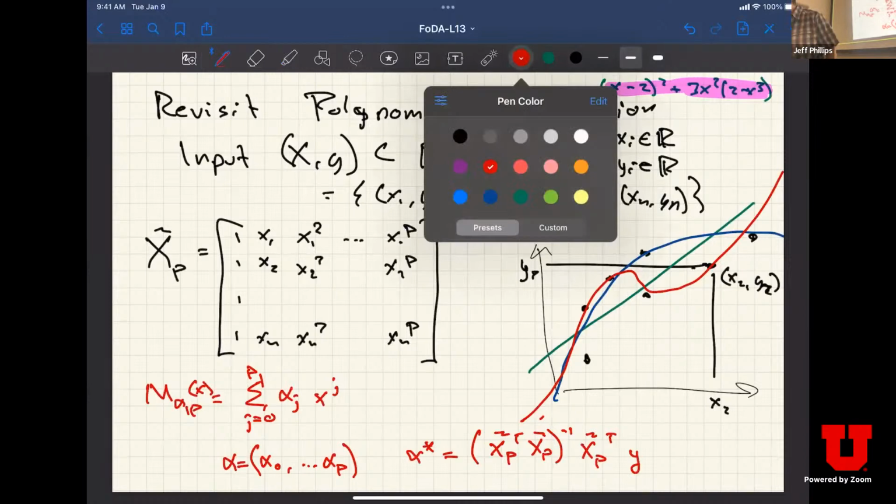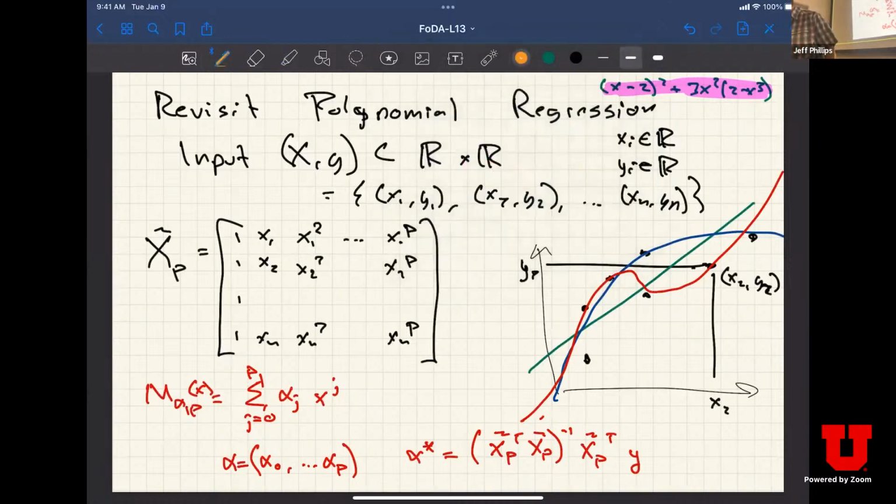So maybe ultimately there's going to be a function that's going to be pretty wild. Oops. All right. Okay, so eventually you can get a function that goes through basically every one of these data points, and the error is going to be 0, right?